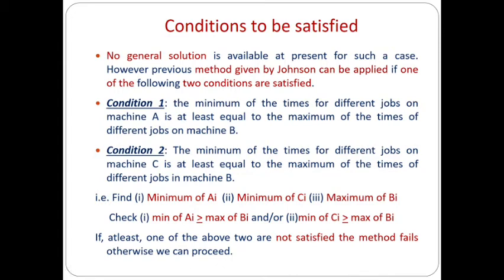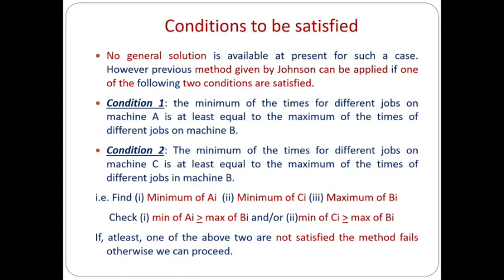If it is not satisfied, we don't have any method to solve this type of problem. The method fails to proceed, and no other solution procedure is available at present. Okay, so this is for the 3 machines problem.